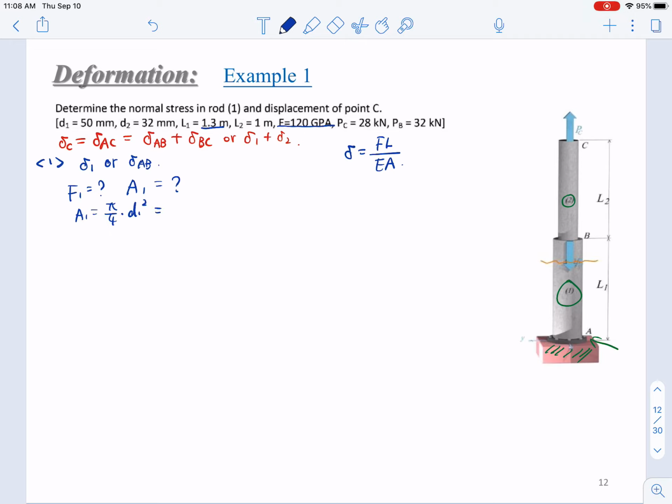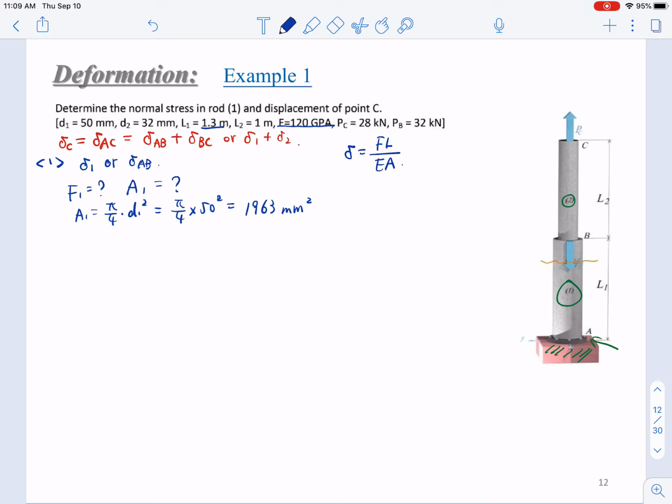So that is pi over 4 times D1 is 50 millimeter, 50 square. So we got 1963 square millimeter. And then just how can we determine F1, the internal force in part 1?